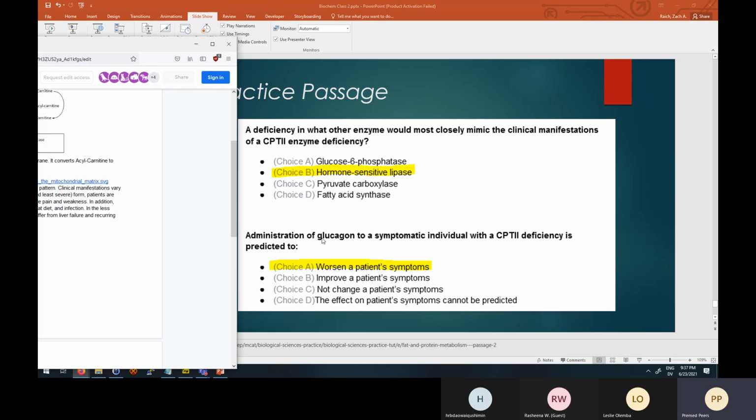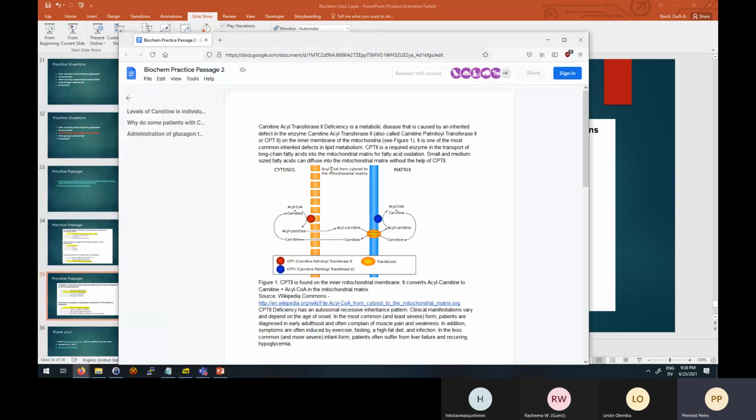So we're going to bust up glycogen to increase our glucose, and do gluconeogenesis to make it. We don't want to waste it all with glycolysis, so we're going to use fats instead for energy. So if we administer glucagon, we're favoring beta oxidation. Well, CPT2, as we just saw, screws up beta oxidation.